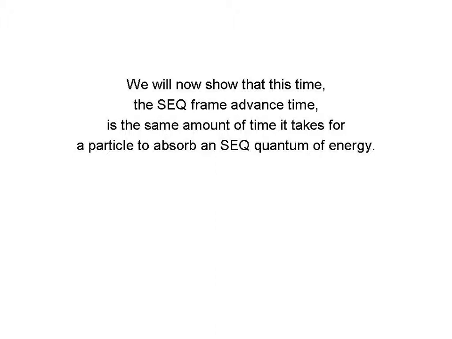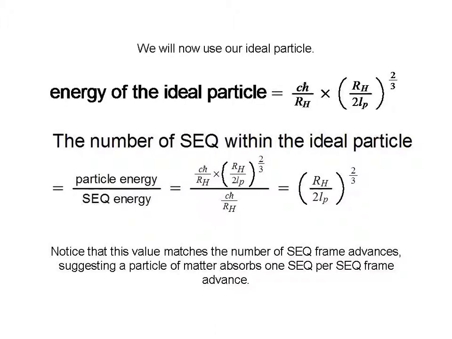We will now show that this time, the SEQ frame advance time, is the same amount of time it takes for an elementary particle to absorb an SEQ quantum of energy. And we're going to use our ideal particle. The energy of the ideal particle is this value here, c times h bar over r sub h, that's the SEQ energy, times this factor here, r sub h over 2 l_p to the 2/3.